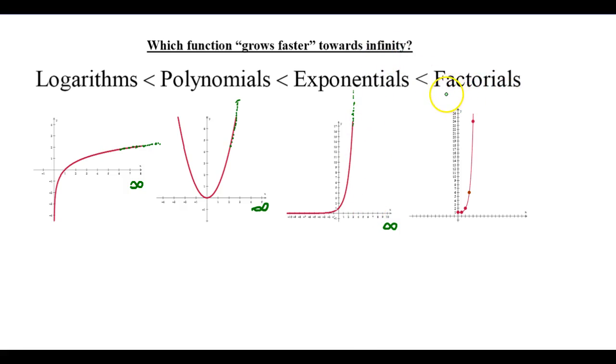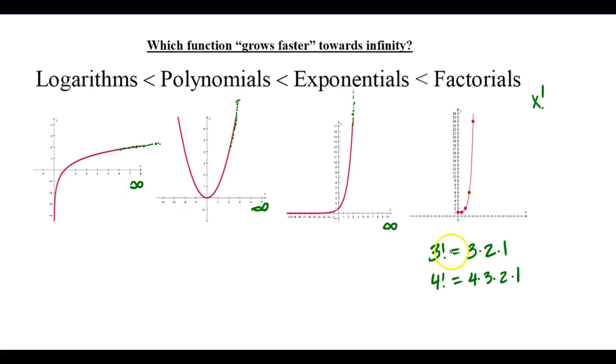But what grows even faster than exponentials is factorials. Factorial is the notation with the exclamation point. If you remember the rules for factorials, just a quick reminder, 3 factorial is 3 times 2 times 1. 4 factorial is 4 times 3 times 2 times 1. And these, in fact, grow faster than exponential functions.